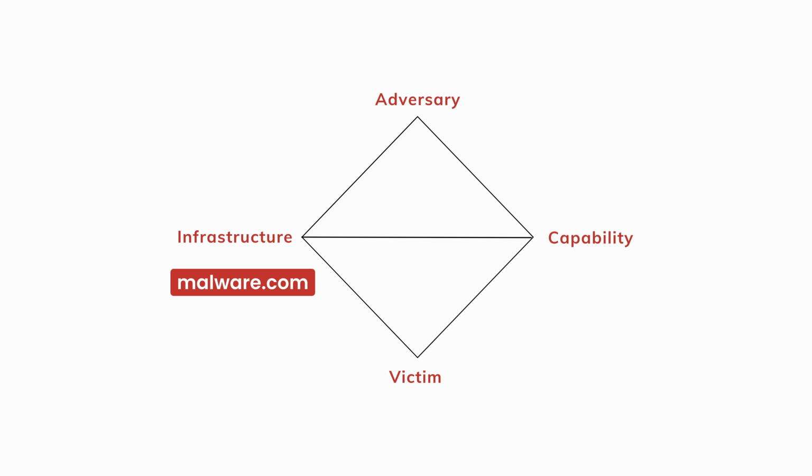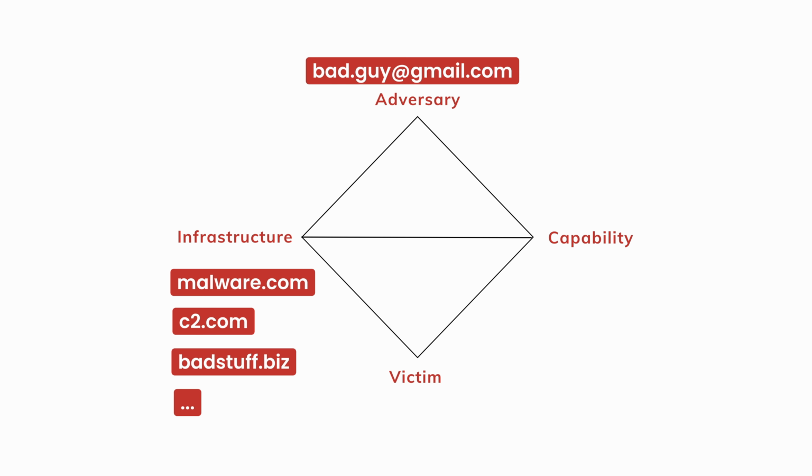Well, that would fall under infrastructure. Then you perform a whois lookup on that domain to see who registered it, and you find a specific email. Well, you could put this under adversary as an alias. That email might resolve to another 12 domains that it used to register. Well, you've just expanded that infrastructure section.